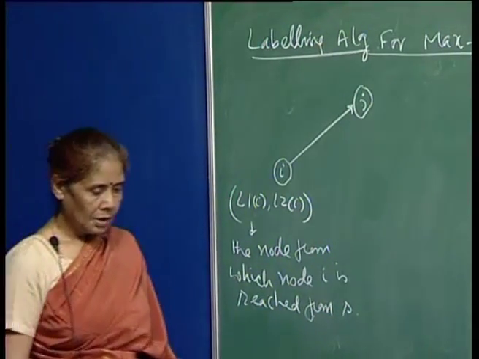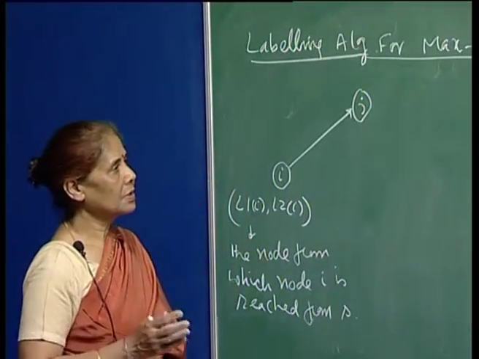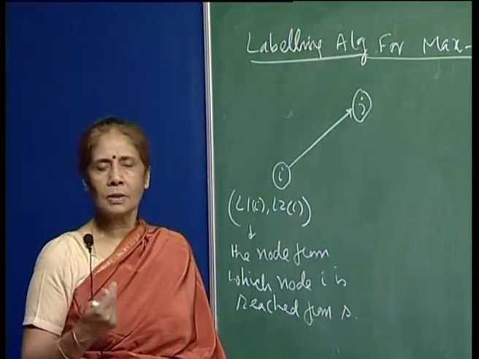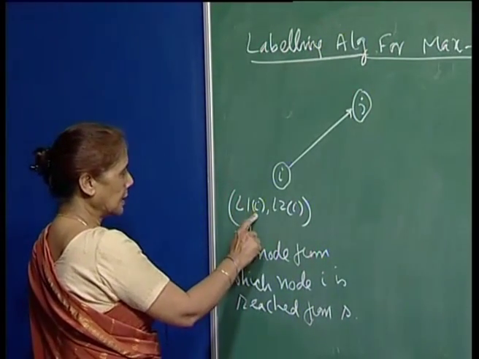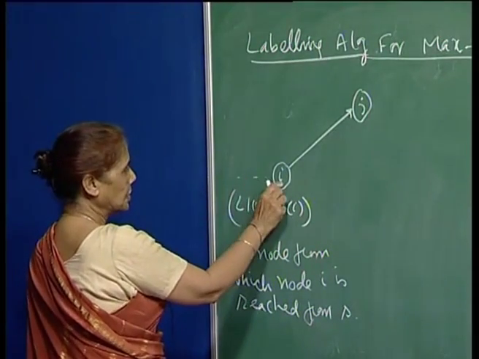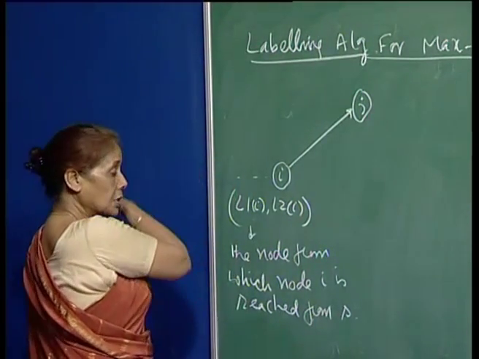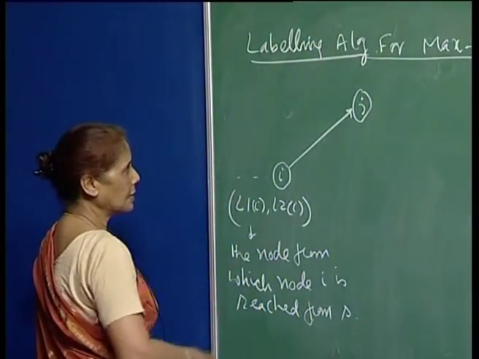Remember, as I told you, the basic idea is to build up paths which have positive capacity, so that I can flow a certain amount on that path. So, this will indicate the node from which I am reaching I, and that node is reachable from S. Essentially we start from S and find the path.